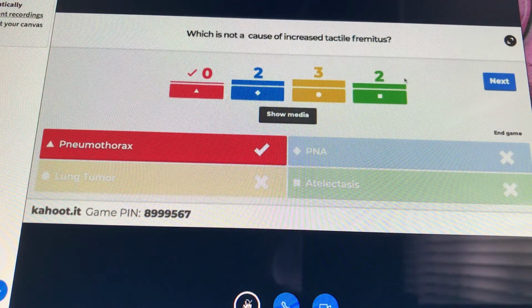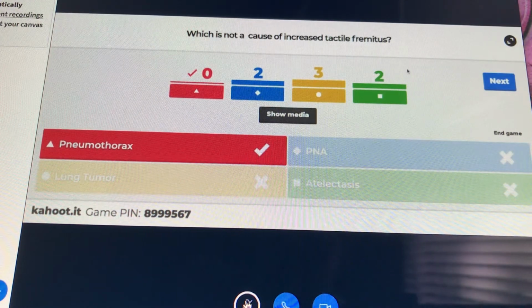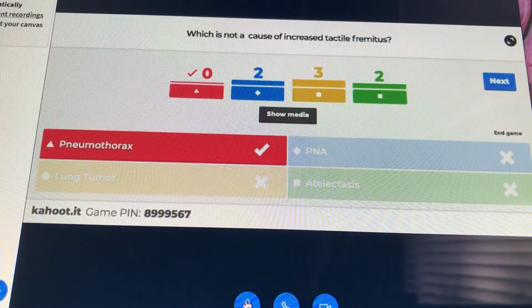So let's think about this. Tactile fremitus. Well, how would you assess for tactile fremitus? We just said doing the 99. Right. So that's called what? Is that palpating? That's palpating, right?